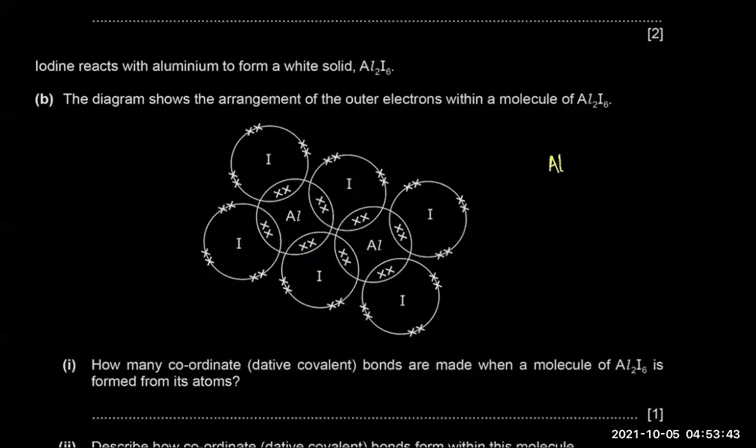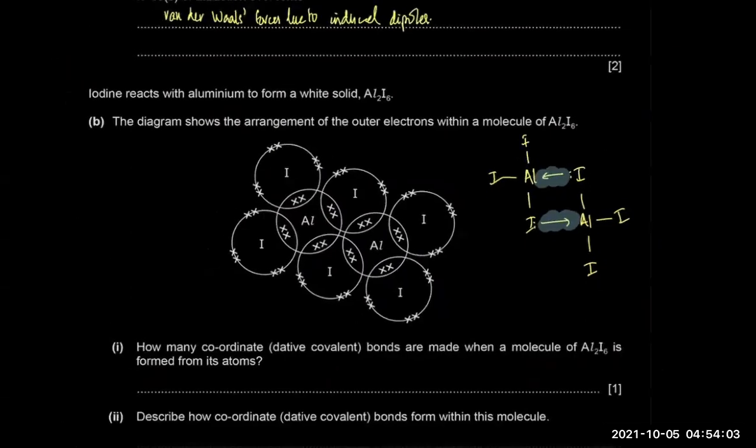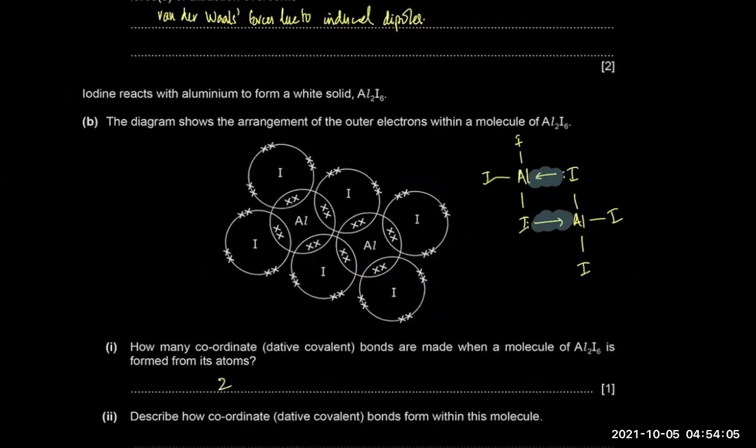So I'll draw it out again. One of the iodine atoms, this is what you have. You have these two dative bonds that are formed. I'll show the electrons also. So two dative bonds. That's the answer.